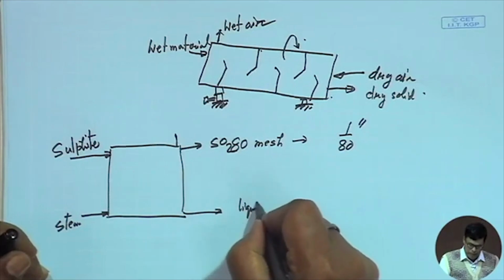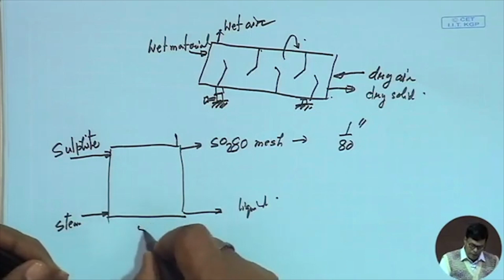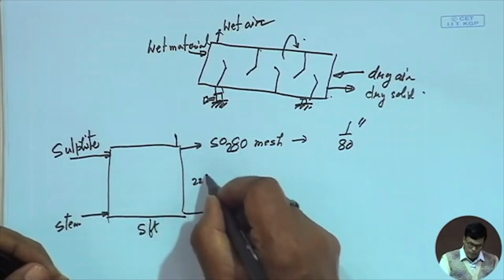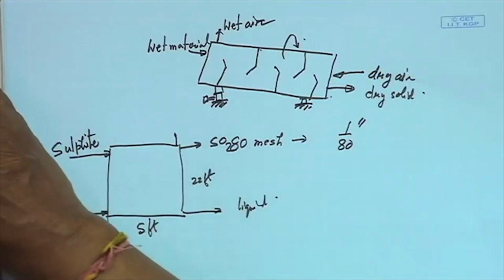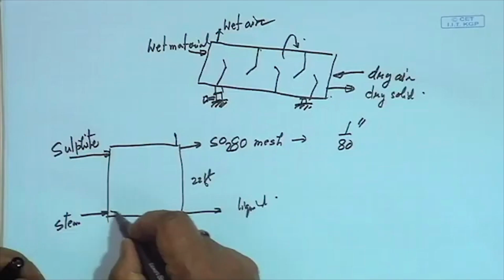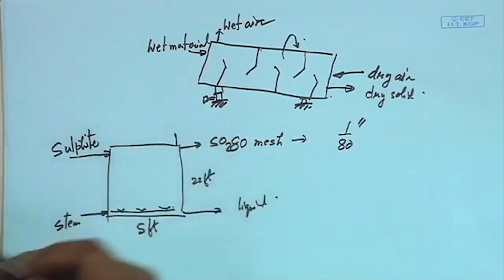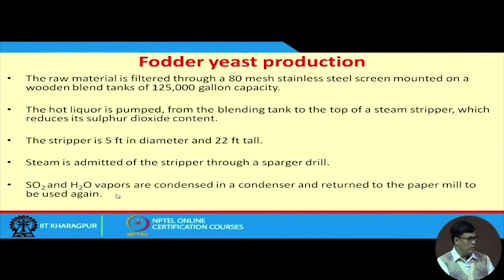The diameter is 5 feet, and how tall is it, 22 feet. This is how it is used, and steam is admitted to the stripper through the sparger. So you have the sparger here with the drills, equally distributed through this.